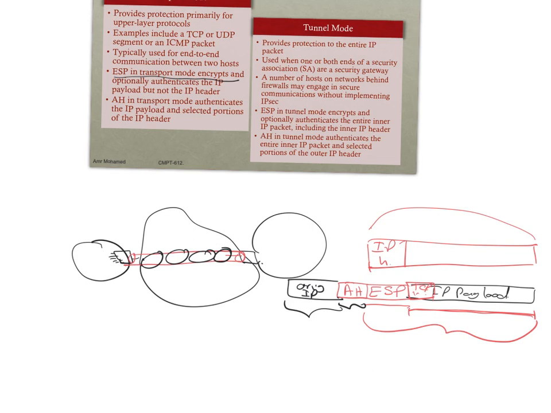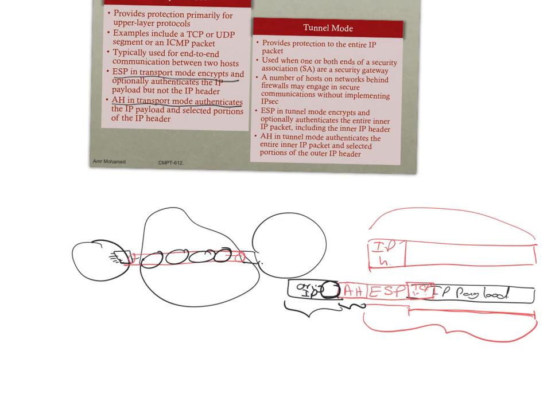Okay? Now here it says what? The AH in transport mode authenticates the IP payload and selected portions of the IP header. That's interesting. So when it comes to encryption, we don't encrypt the IP header. But for authentication, what happens is that we can in fact include part of the IP header when it comes to generating the signature only.